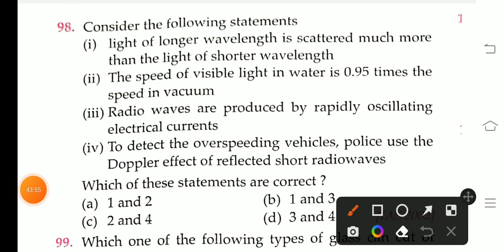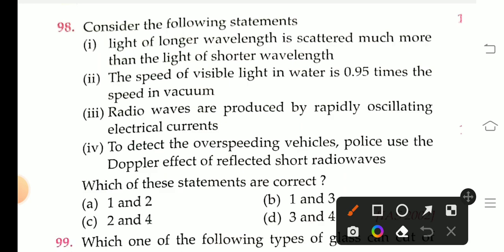Consider the following statements. 1. Light of longer wavelength is scattered much more than the light of shorter wavelength. 2. The speed of visible light in water is 0.95 times the speed in vacuum. 3.